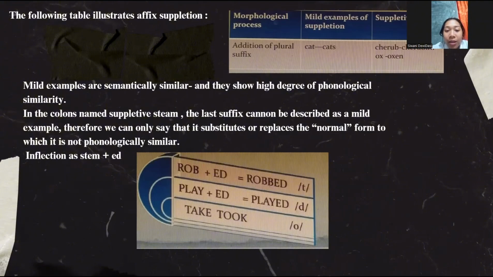Therefore, we can only say that it substitutes or replaces the normal form, which is not phonologically similar. Inflection is stem plus ed. For example, you can see rub plus ed becomes rubbed, and then played and take too.